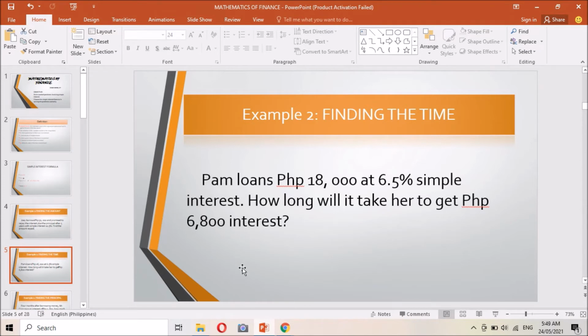Now let's consider Pam loans 18,000 at 6.5% simple interest.